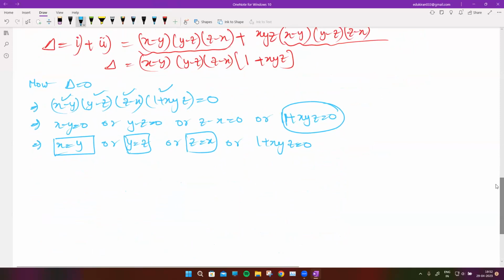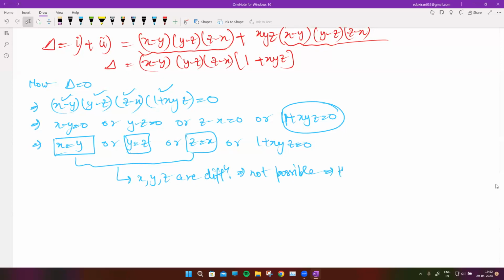But it is already given that x, y, and z are different. So all these three conditions are not possible. If x, y, and z are different, it means they assume different values. Not possible. Hence, the only possibility is that 1 plus xyz is equal to 0.